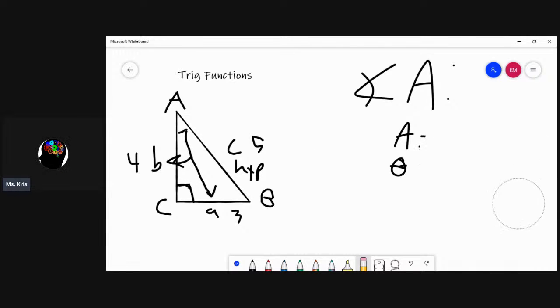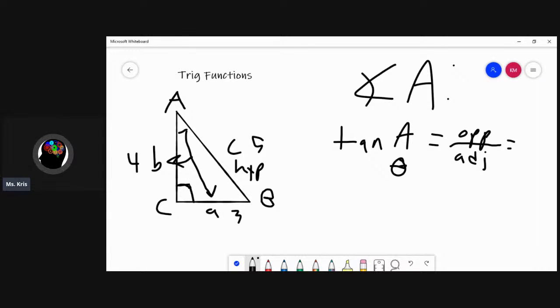Next, we have tangent A. Tangent A is the opposite over the adjacent side as it relates to angle A. Notice that each trig function is based off of angle A. Whenever you're doing your trig functions, make sure you are doing it based off of the one angle you're solving everything with.